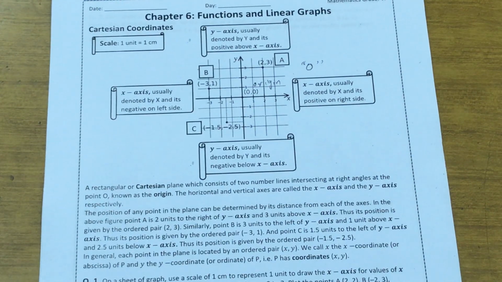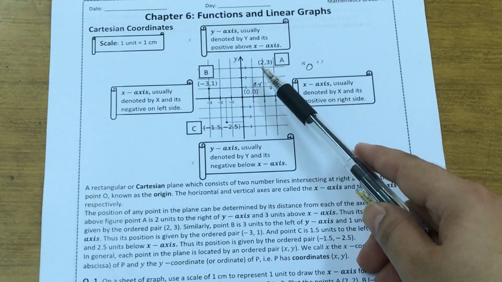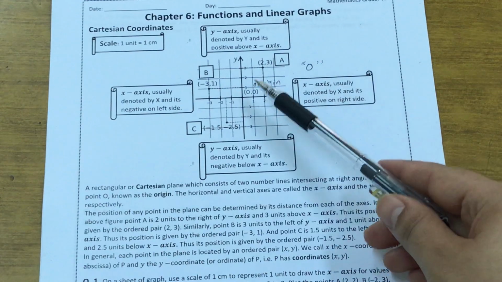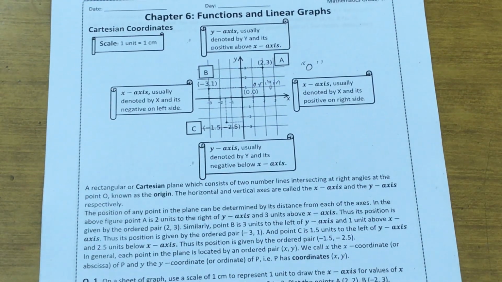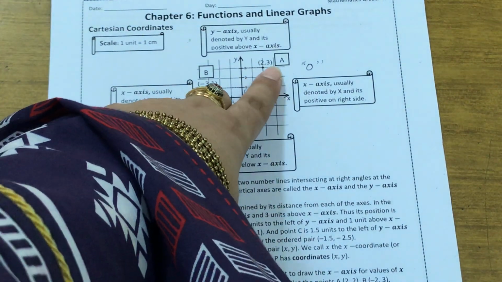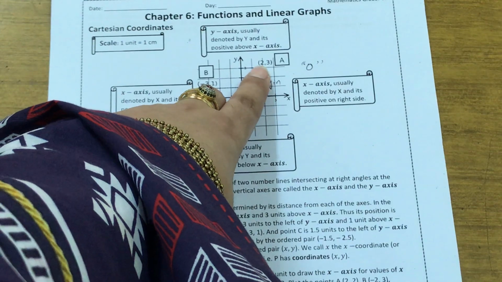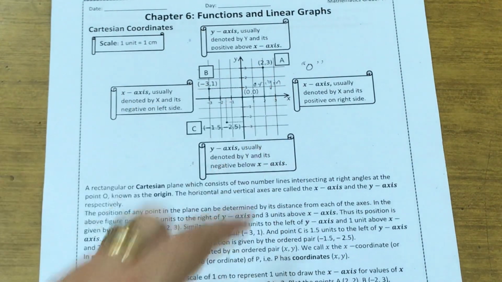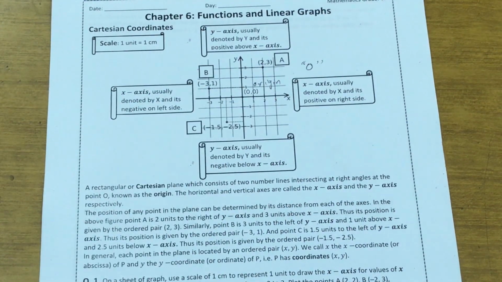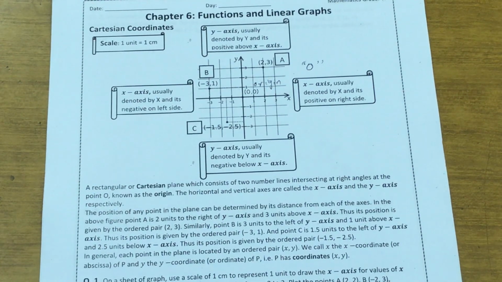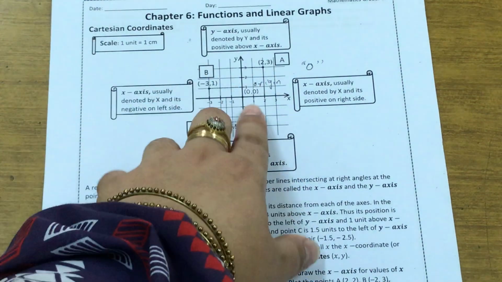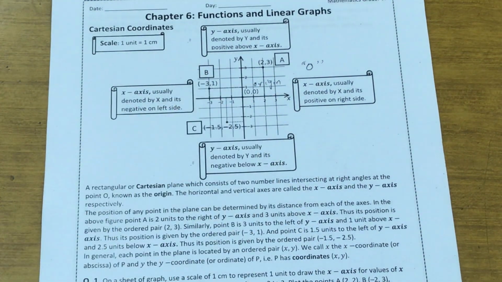Students, each point in this plane is represented by an ordered pair, like 2, 3. This is called an ordered pair, and you can obtain this point, and this always represents the distance from the origin.